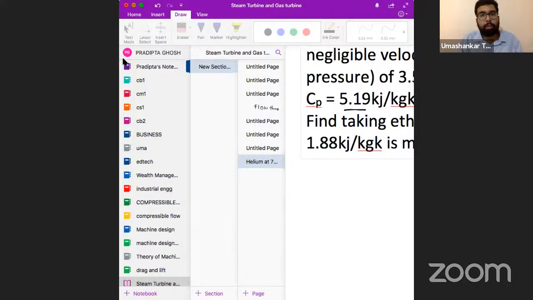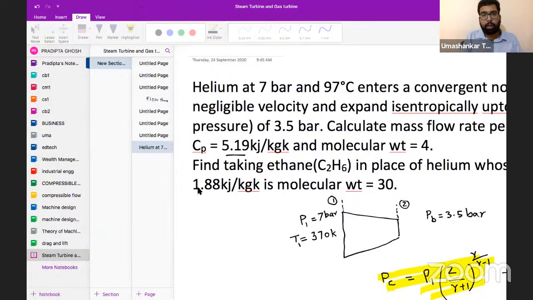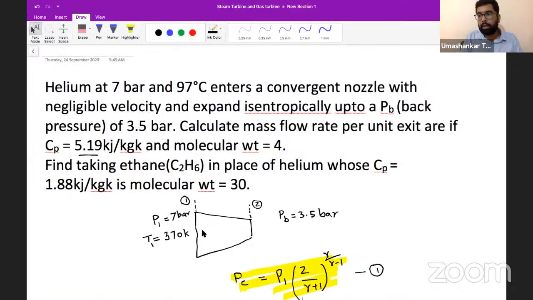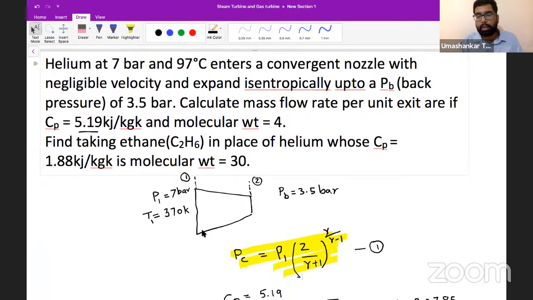Please solve the second part of this question. There is some technical issue happening. There was some technical error, so if you haven't copied the second part, please copy the second part.